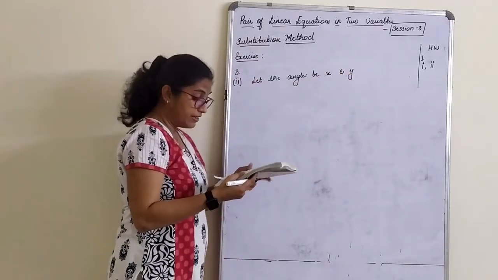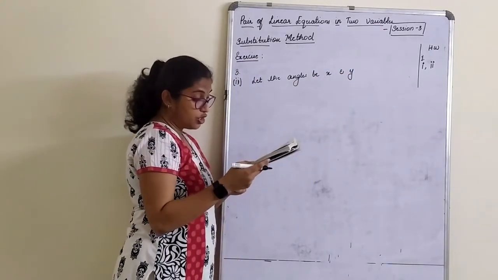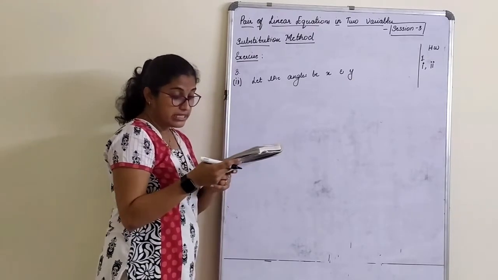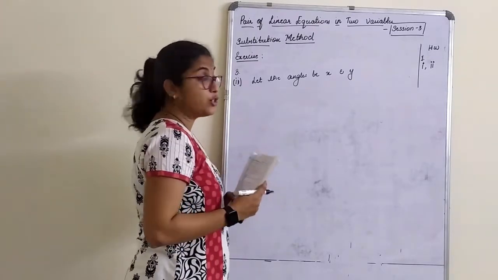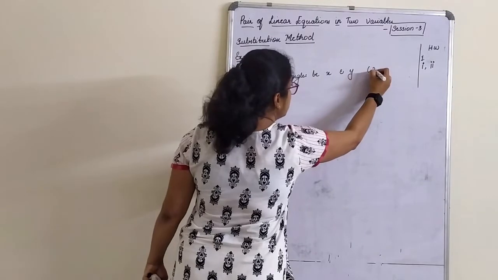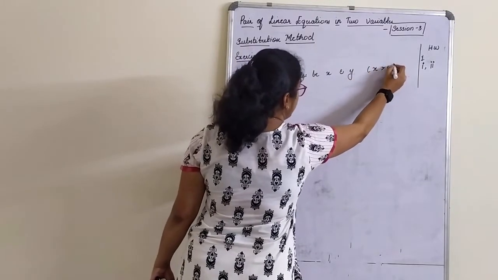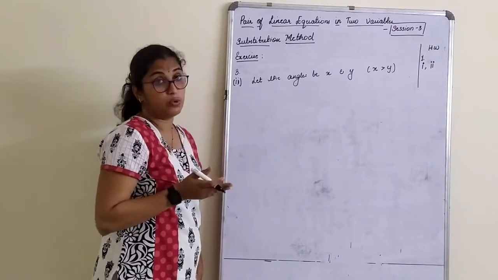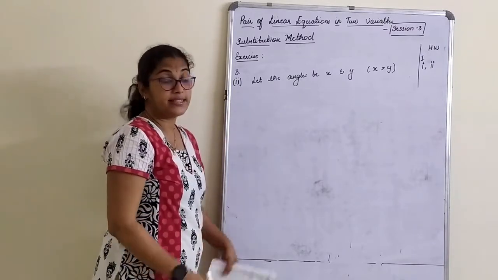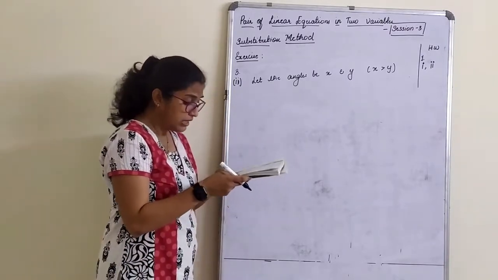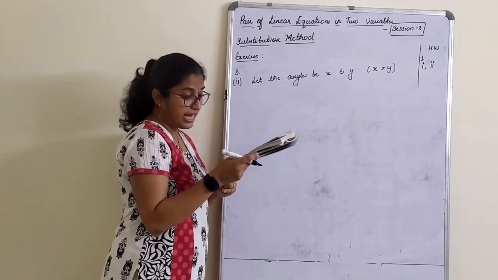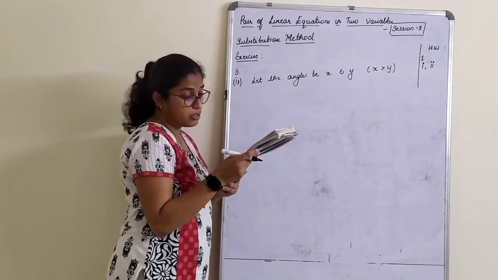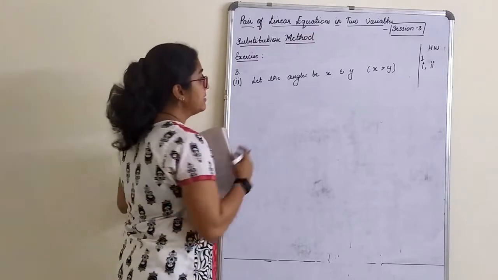Now since they have given here the larger of two supplementary angles exceeds the smaller by 18, which is larger? According to this, x is larger than y. If you want, even you can take y is larger than x, but we need to stick to it. So let's choose x is larger than y.